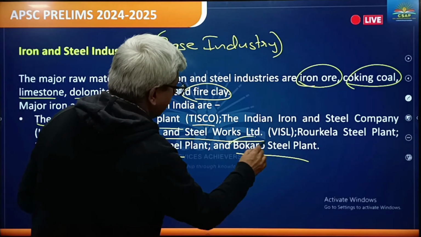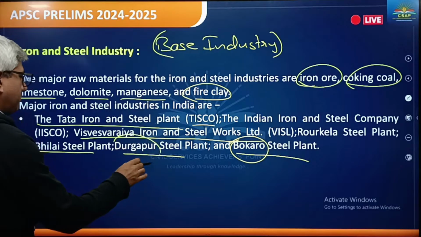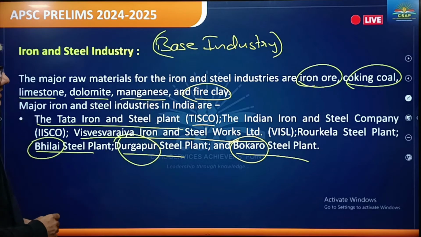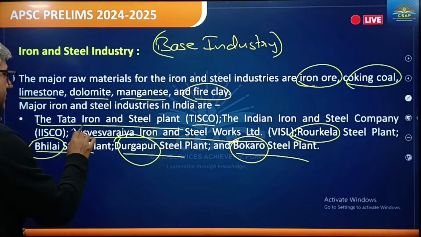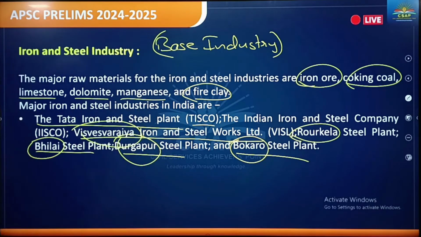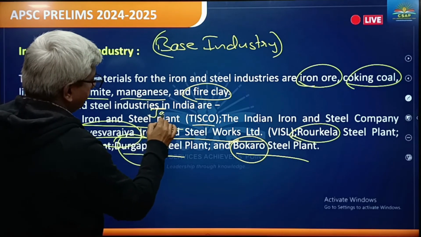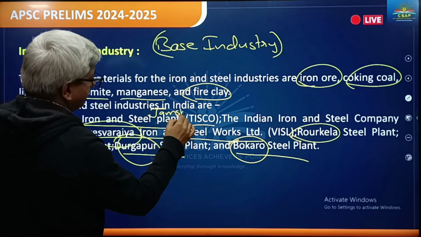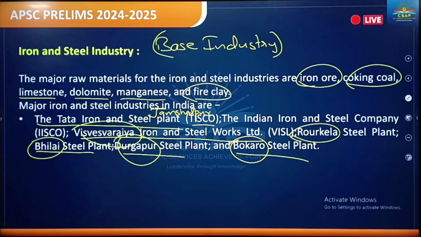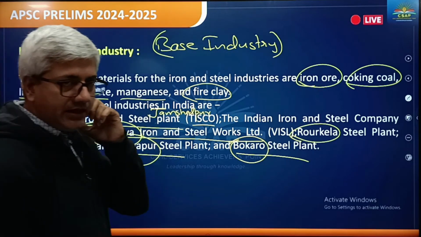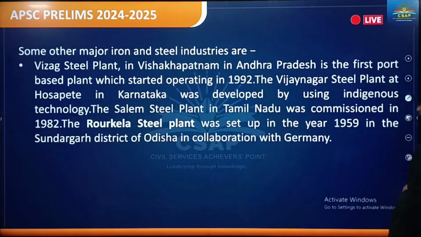So we have Bokaro, Durgapur, Bhilai, Rourkela in Orissa, and then the iron and steel in Jamshedpur. Jamshedpur is named after Jamshedji Tata. These are the main areas of iron and steel industry in India.